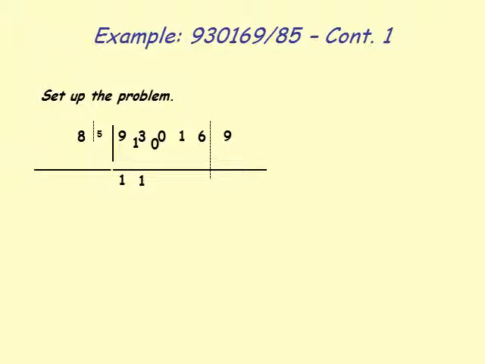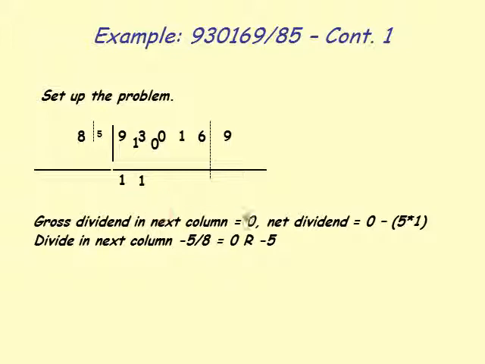Let's continue here. In this column we have a 0 here, and net dividend is 0 minus this quotient digit times 5. So minus 5 divided by 8 is 0, remainder minus 5. In this column it is 0 here and remainder minus 5 for the next column. So this is how we show 0 and negative 5.